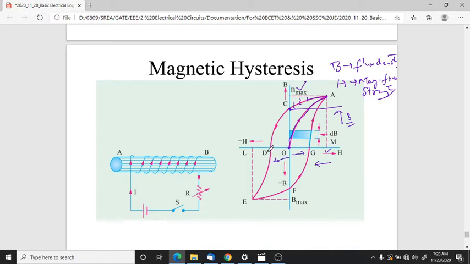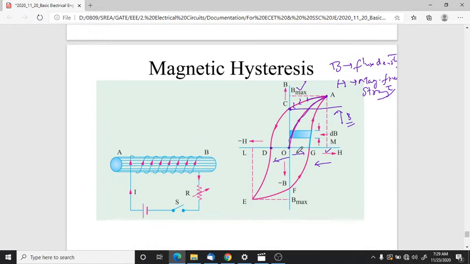If you apply negative force, the remaining flux density will slowly reduce and reach the 0 point.